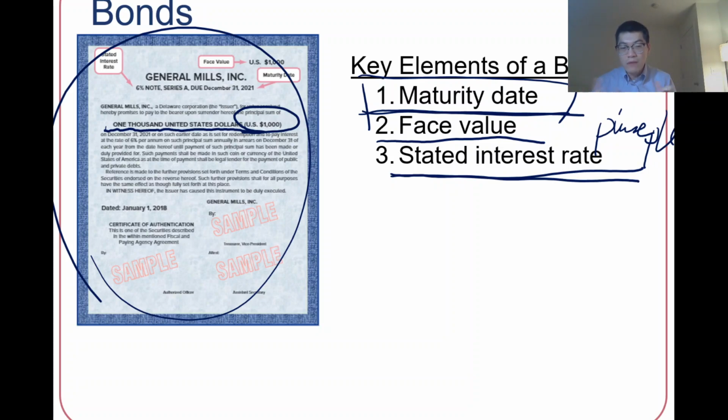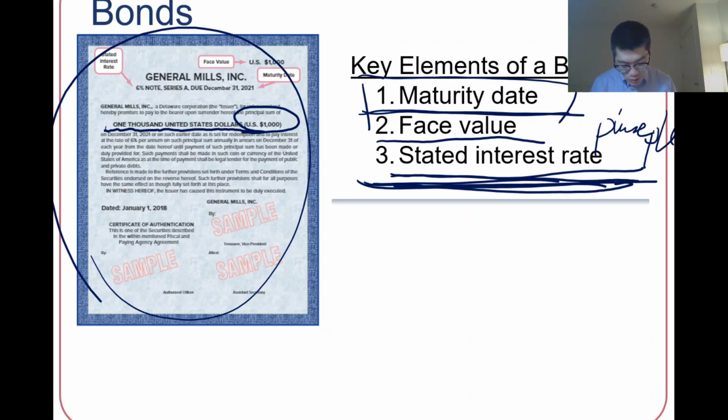Whatever interest rate is written in the contract is called the stated interest rate, and that is the rate you use to calculate the interest.